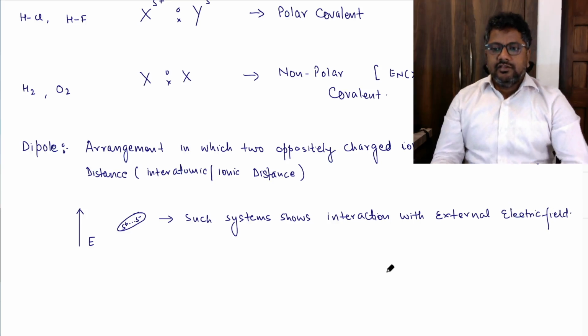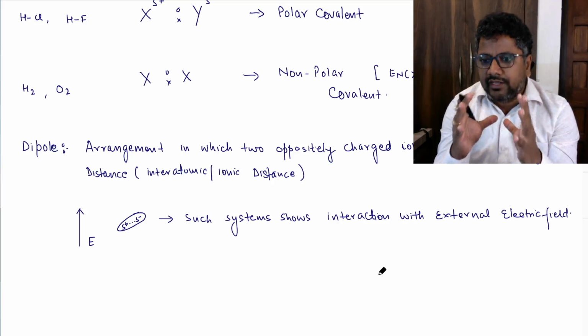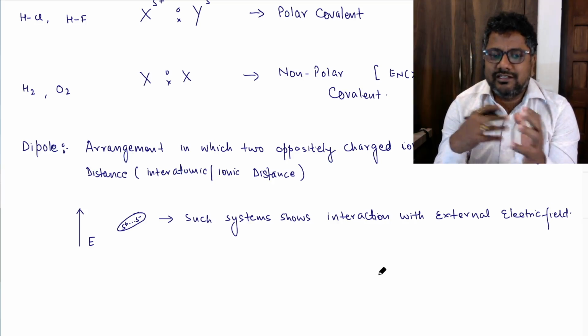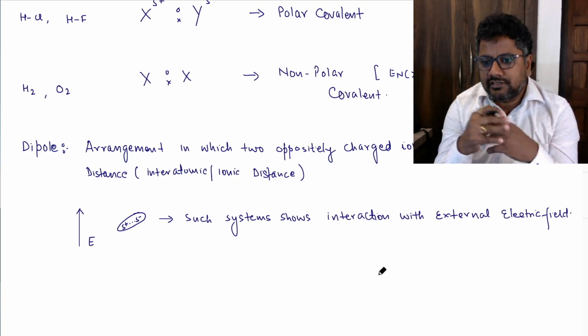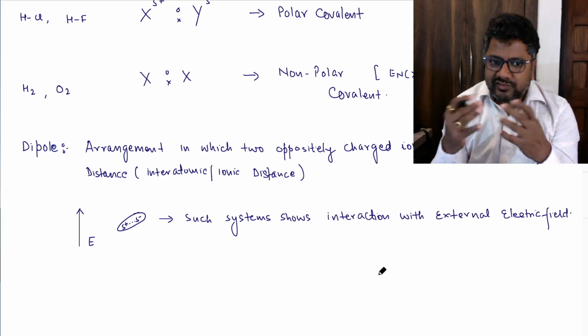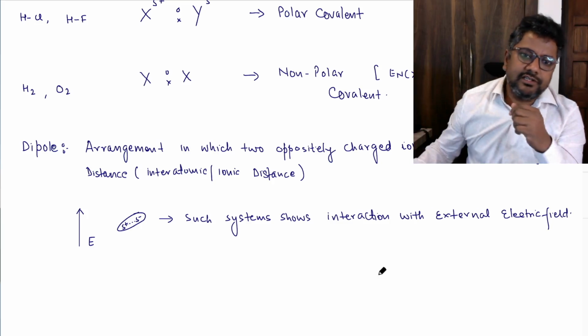This is the characteristic property of any molecule. If any molecule shows this interaction in an electric or magnetic field, we can say this molecule has some kind of dipole, less or more, which is a different issue.